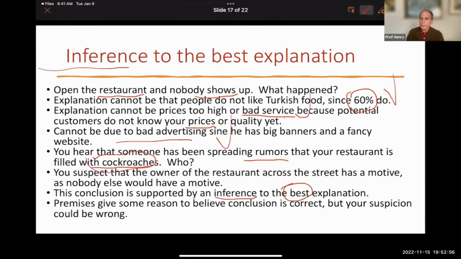It must be him. Okay. This is an inference to what I think is the best explanation. But you could still be wrong. Just like with the repair guy, you could still be wrong. Have you thought of all the explanations?